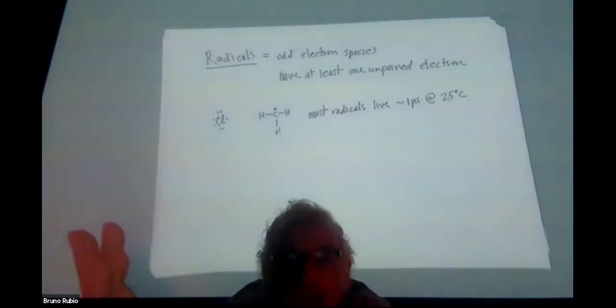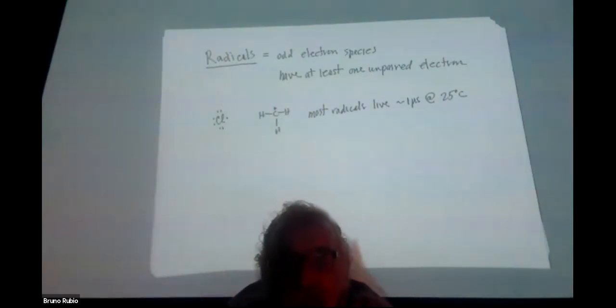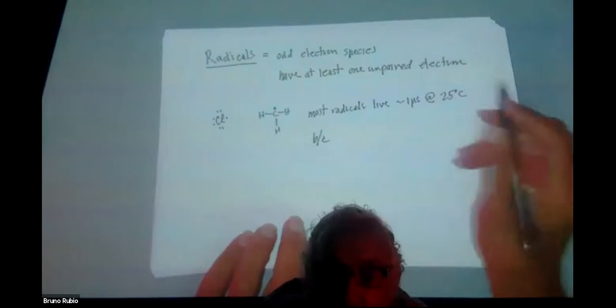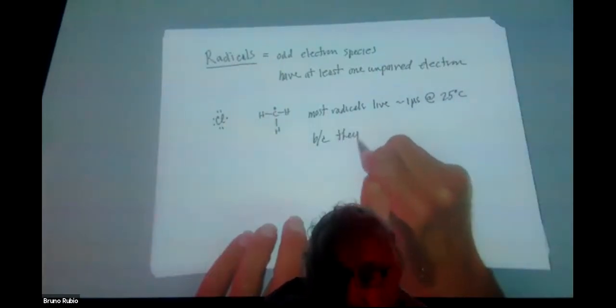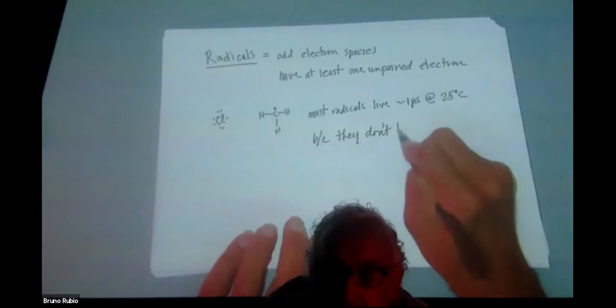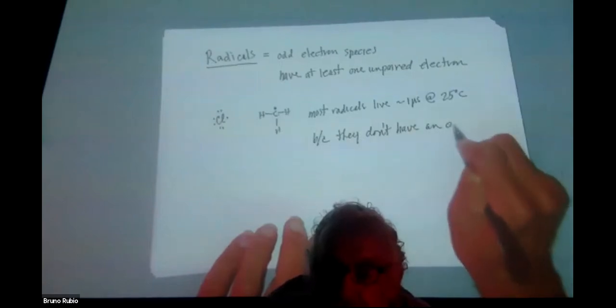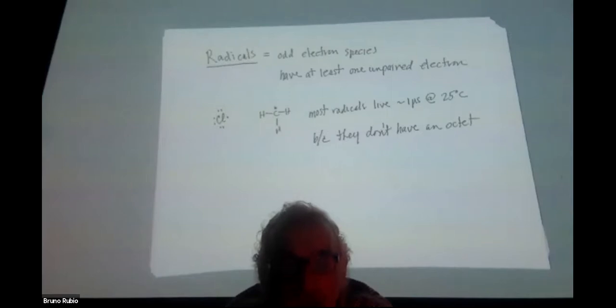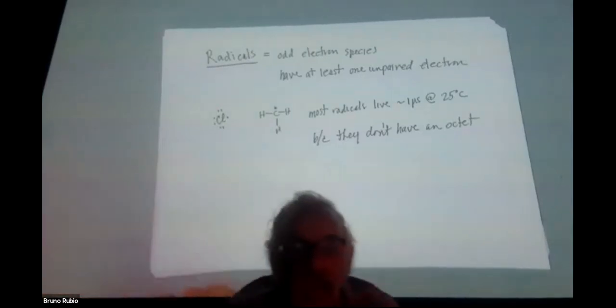You can even buy them from Chemicals R Us, but most radicals, because they don't have an octet of electrons, live for about a microsecond. They're just dying to complete their octet. So they're very reactive, very high energy species. Okay, so that's what a radical is. Let's talk about how radicals are formed.